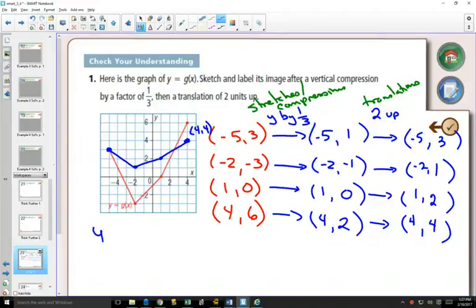If I wanted to state the equation of this graph in terms of g, how do I write a vertical compression by 1/3? That 1/3 would be outside of the function and in front of it. There's nothing affecting x, so we'll just have g of x. There will be nothing inside of the function where the x is. And up 2 happens afterwards.